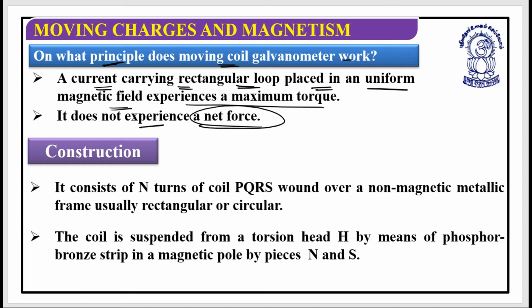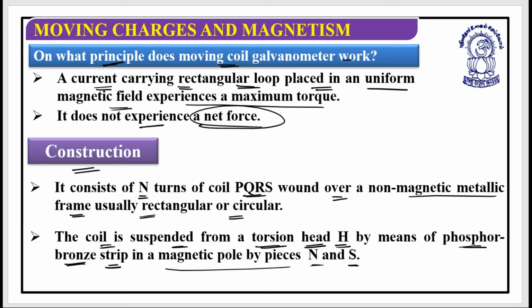Let's find out what its construction is. It consists of n turns of coil PQRS wound over a non-magnetic metallic frame that is generally rectangular or somewhat circular in shape, and this coil is suspended from a torsion head by means of a phosphorus bronze strip in a magnetic field between pole pieces, north pole and south pole.